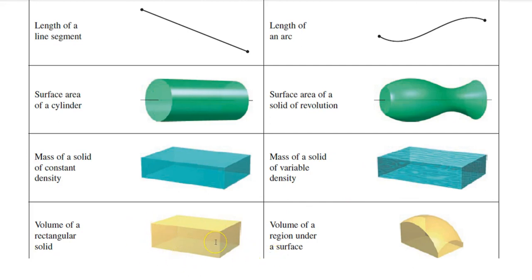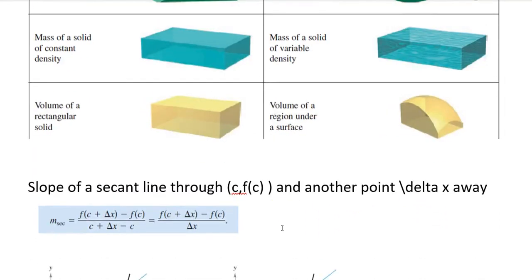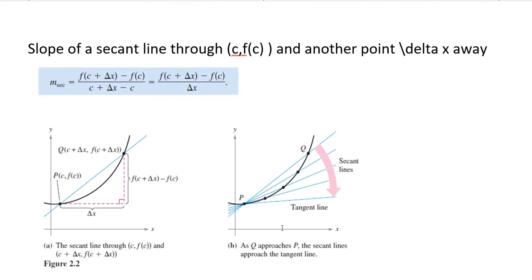And we can also find volumes of things that are not just prisms. Without calculus, we memorized a lot of different formulas for volumes of things. But with calculus, we can find volumes of those shapes, but we can also find volumes under a surface, which doesn't have to be necessarily a rectangle. It's pretty amazing.